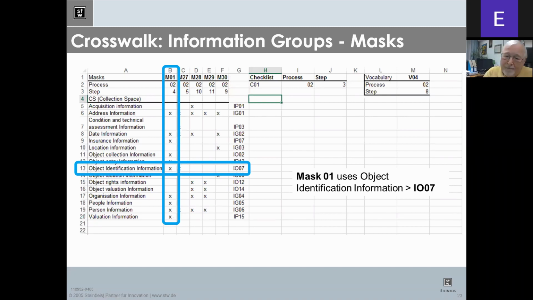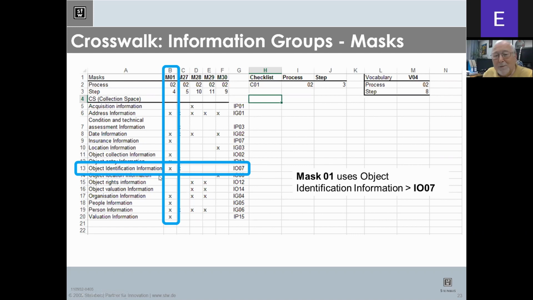So you have an interrelation between data and processes. That's very, very important. This is implicit knowledge you have in a collection management system, but here you have it very nicely elaborated. And you see, here we go up to M30 screens. You can, for example, automatically generate data entry screens out of this.